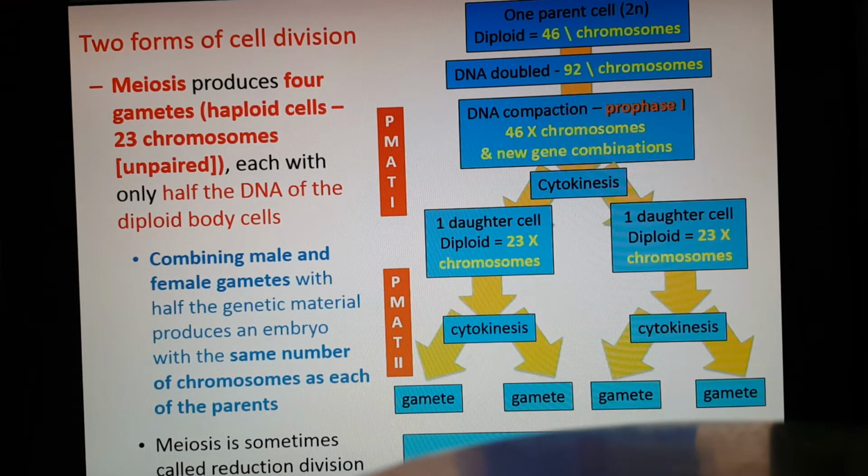It also prevents your DNA from doubling every time you have some kind of sexual reproduction. So it keeps your DNA level the same no matter how many times you reproduce.